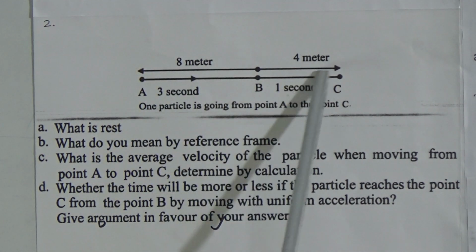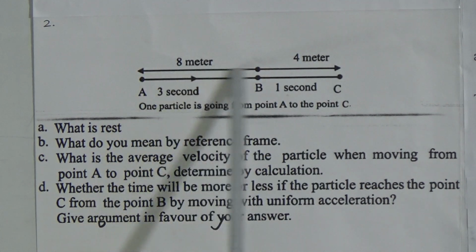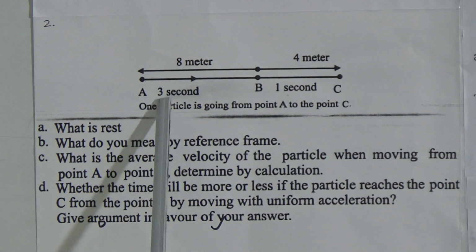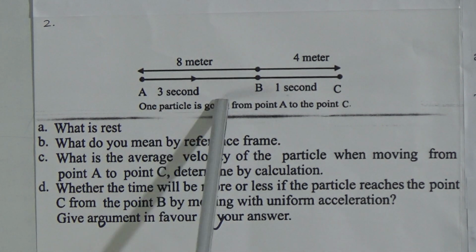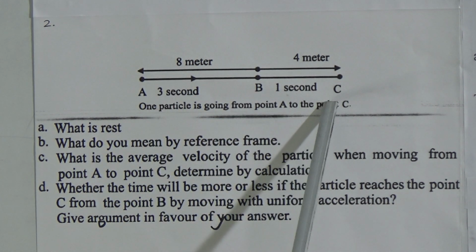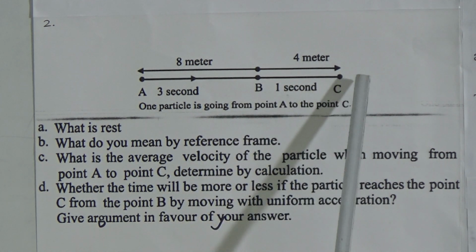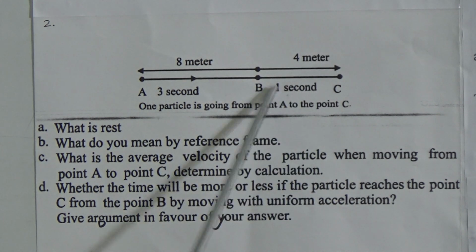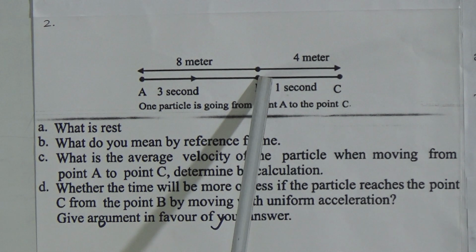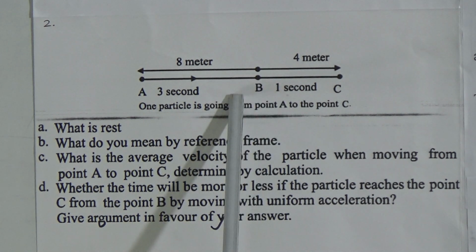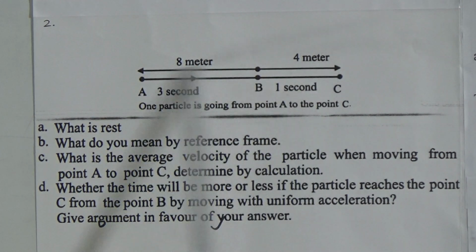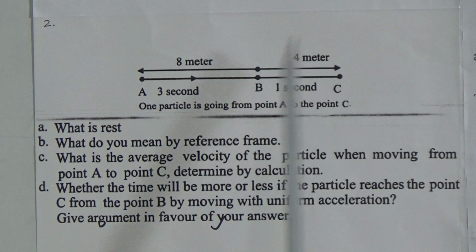Then the total distance the object covered is 8 plus 4, that means 12 meters, and the time taken is 3 seconds plus 1 second, that means 4 seconds, and we have to find out the average velocity. We know velocity is displacement divided by time, that means the distance covered by the object divided by the time, that means 4 seconds.